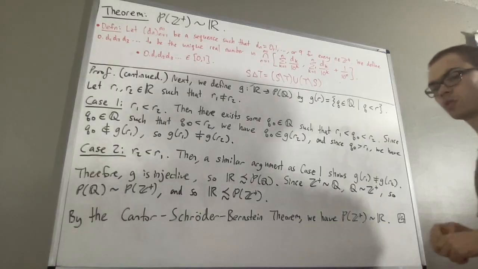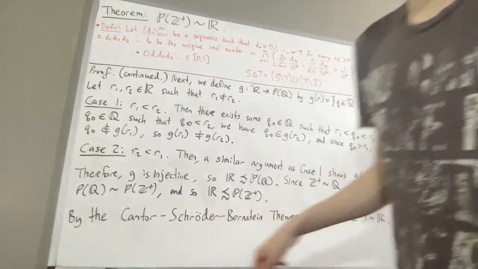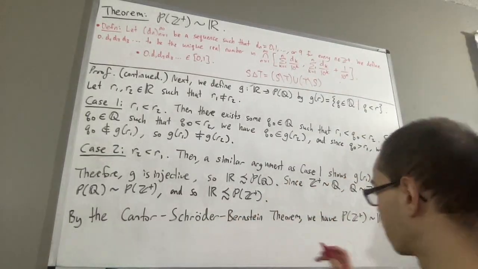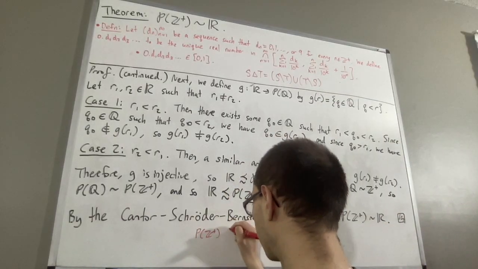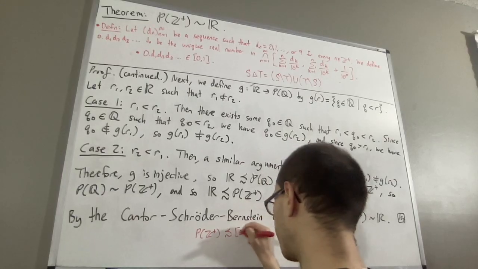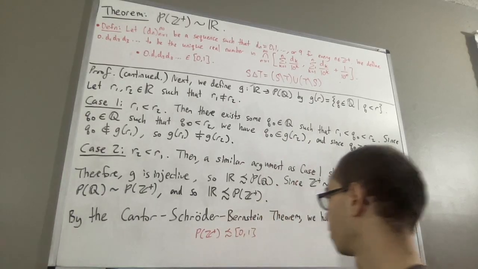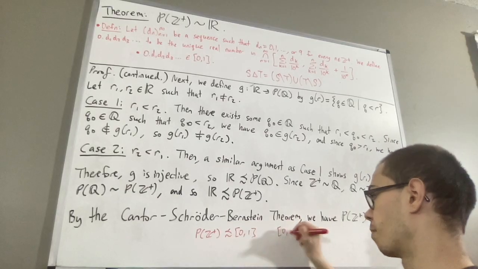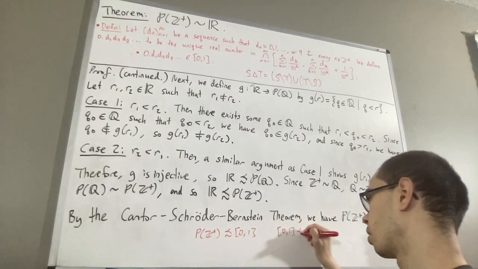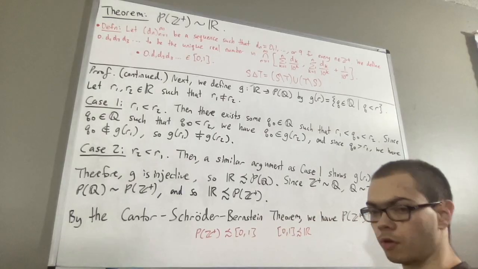So remember, we have also shown there's an injective function from the power set of the positive integers to the closed interval 0, 1. But also clearly, there's an injective function from 0, 1 to the real numbers, right?